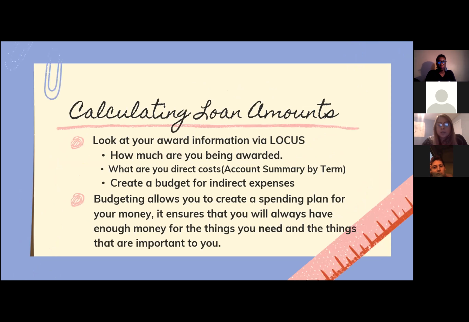So when you calculate your loan amounts, you want to make sure that you look at your award information on your Locus account. So everyone has access to Locus. I'm hoping that everyone checks their Locus accounts to find information.